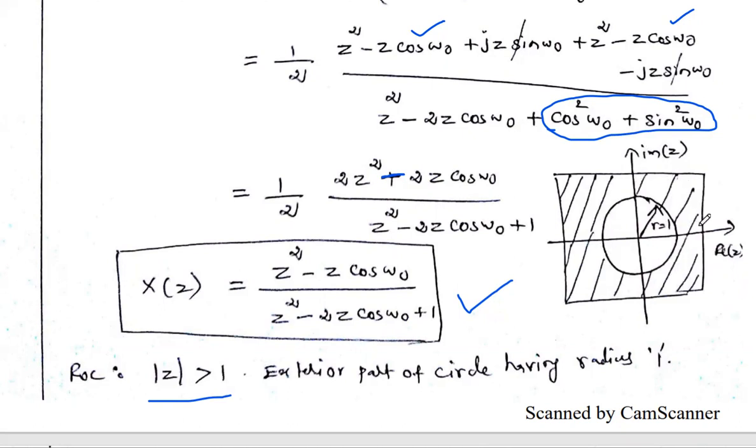The exterior part of the circle having radius 1. This shaded region, above r equal to 1, is called the ROC. You shade this portion and write that the ROC is the exterior part of the circle having radius 1. So this is the cos omega naught n u of n problem.